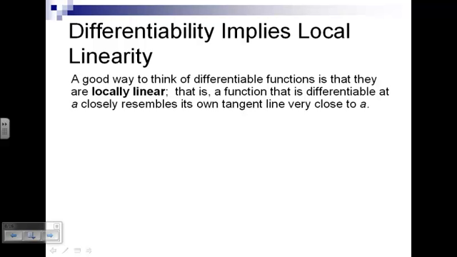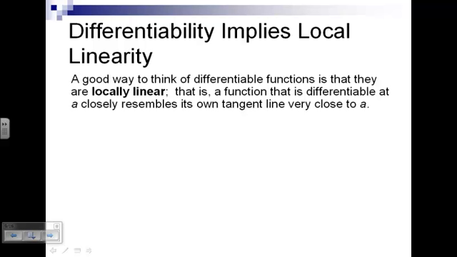A couple of other things. This was a much bigger deal before we had calculators. Differentiability implies local linearity. Take a step back and explain what that means. It means that if I zoom in on any curve, even a really curvy curve, if I zoom in enough, it's going to appear like a straight line.